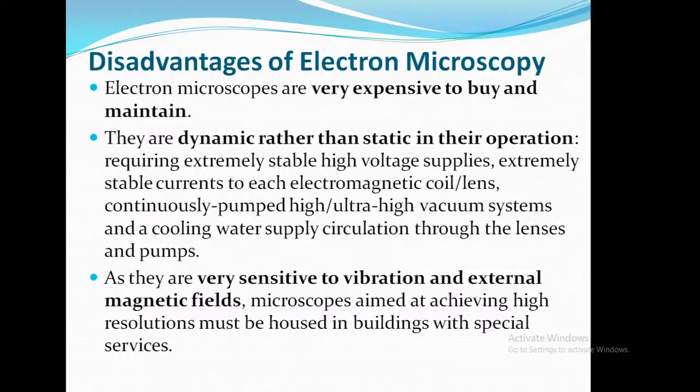Disadvantages of electron microscopy: it is very expensive to buy and maintain. They are dynamic rather than static in their operation, requiring an extremely stable high-voltage supply and extremely stable current to each electromagnetic coil or lens. They need a continuously pumped ultra-high vacuum system, and a cooling water supply circulating through the lenses and the pumps.